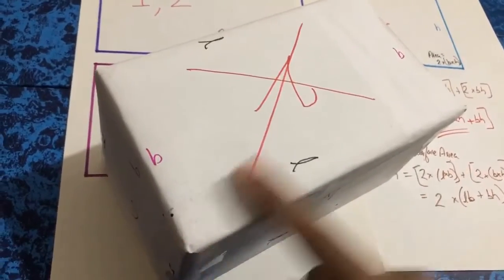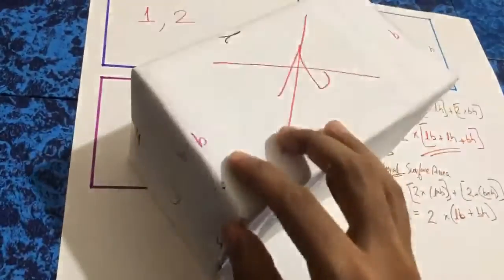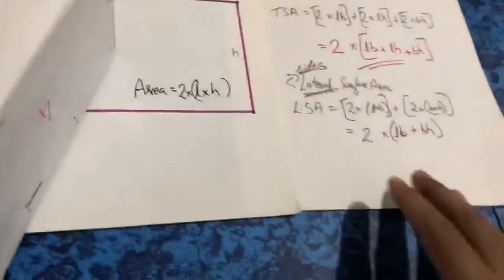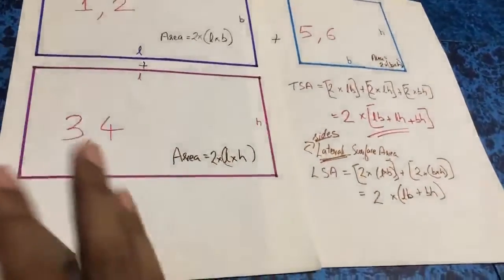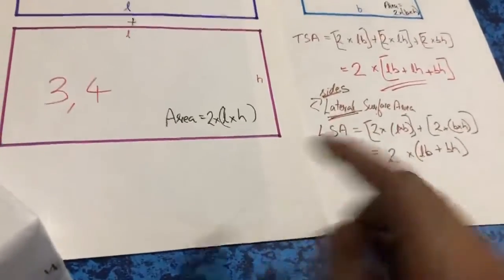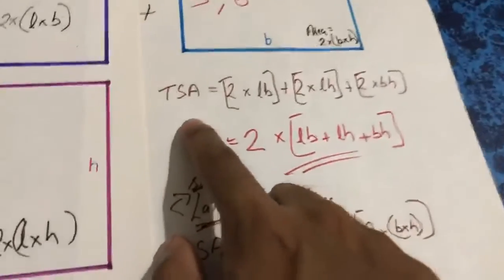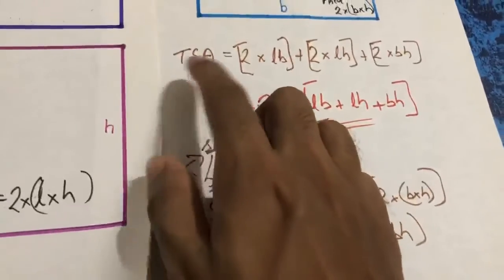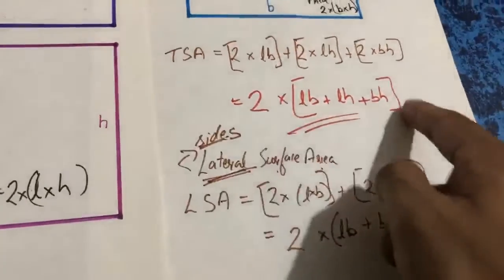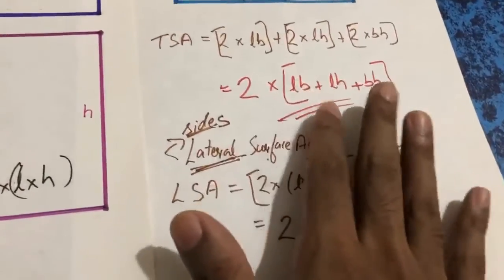What you need to remember is there are 3 dimensions, and excluding one pair of faces, excluding the base and the top, all the area becomes the lateral surface area. Taking the area of everything is total surface area. As the name says, it is total surface area. And this formula never changes, it remains the same.